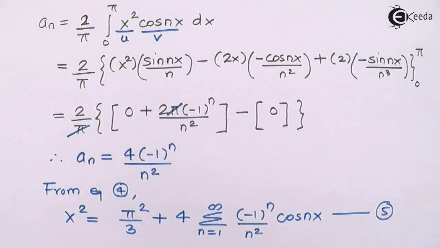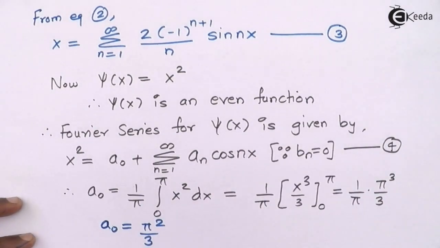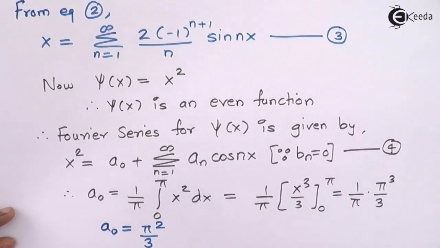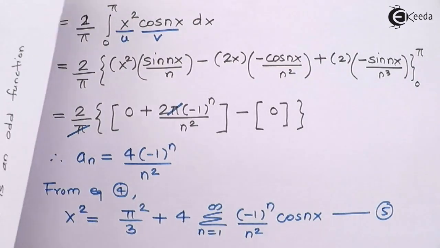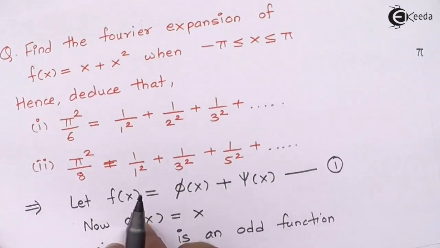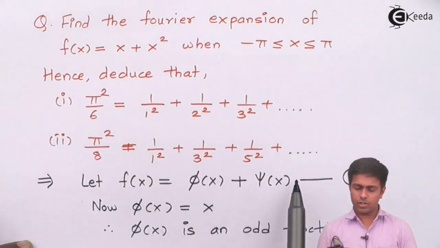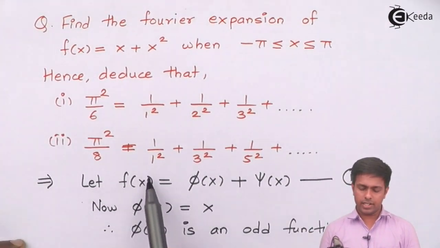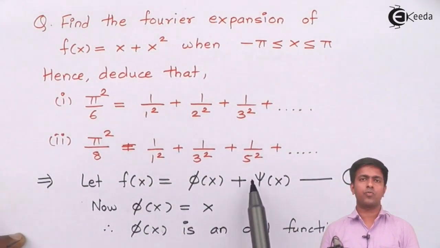So we got the Fourier expansion for x square and we got the Fourier expansion for x. Now these two values we will put in equation number 1, because there we said that our original function f of x is a combination of these two functions. So the Fourier series for f of x is a combination of the Fourier series of these two functions.